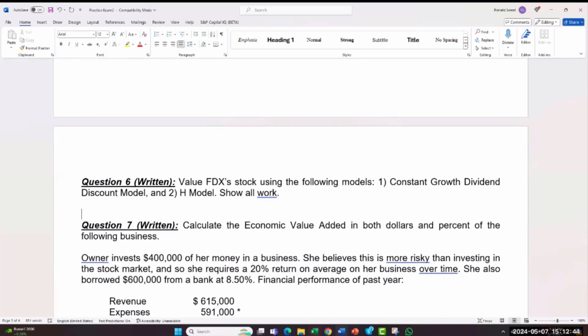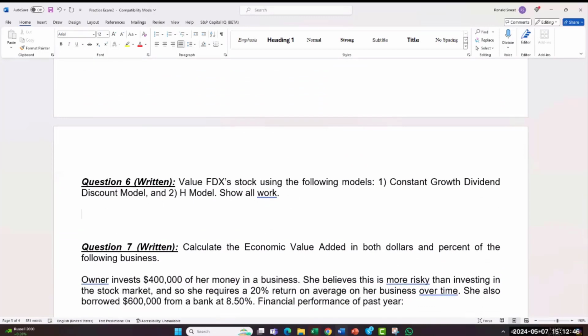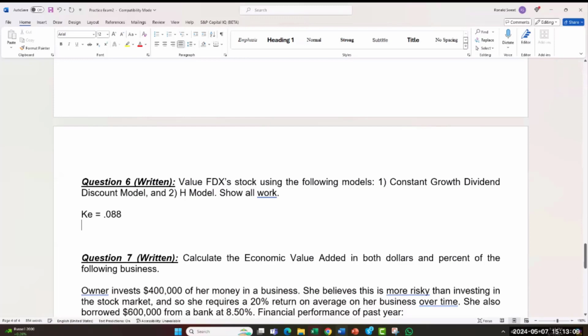All right, this question's usually the easiest. Most people get this one right. So we got our KE, we said was 0.088. And so using that 0.088, we have to know what dividend 0 is.